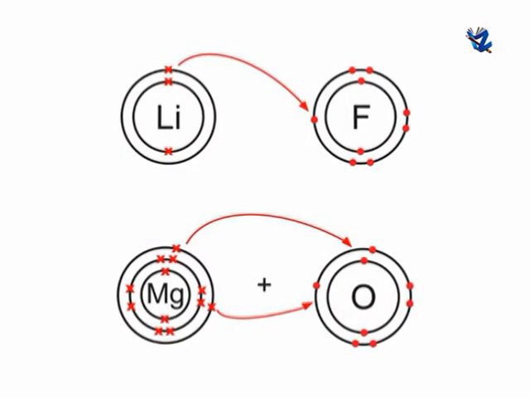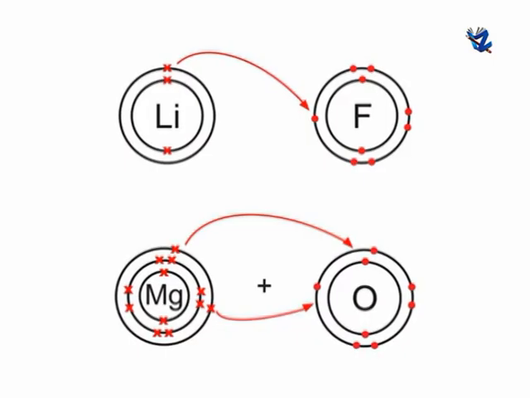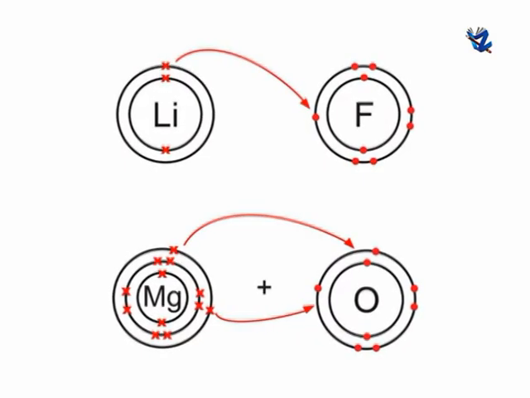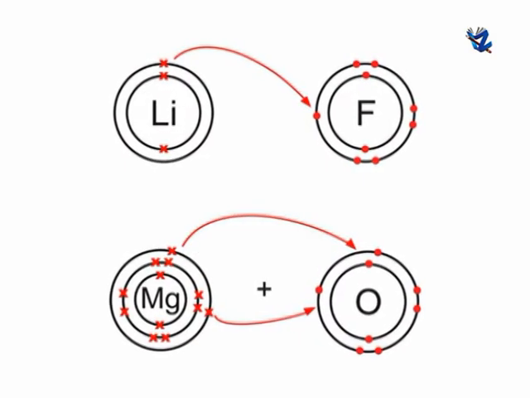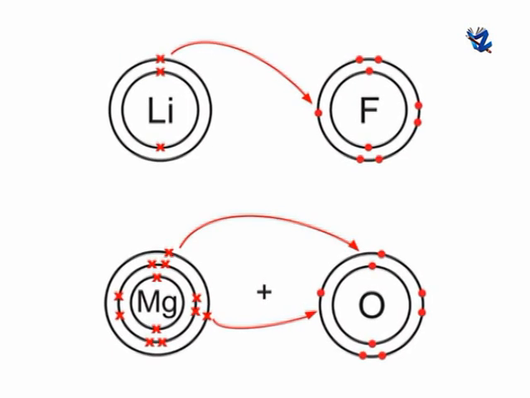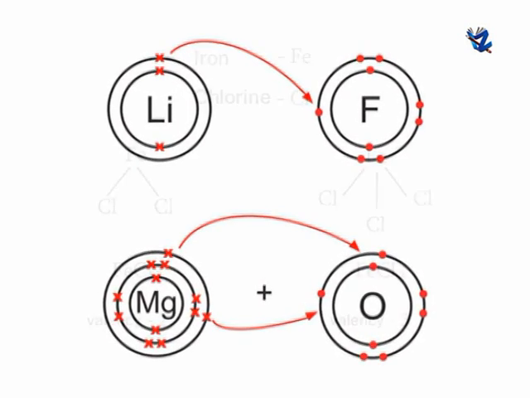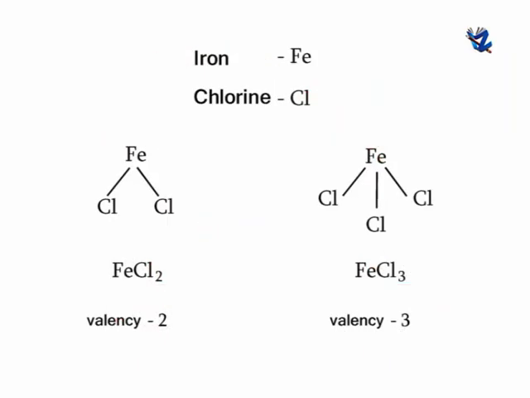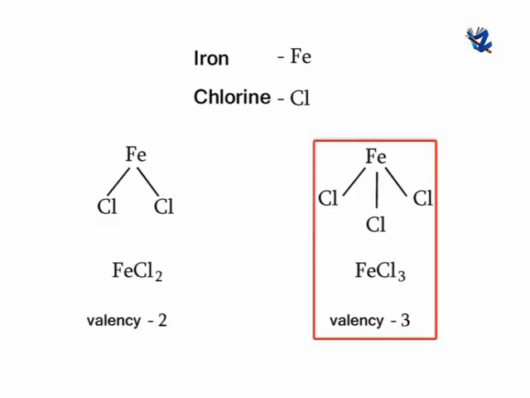Under different conditions, the atoms of some elements give away or take up different numbers of electrons. In such cases, those elements exhibit more than one valency, and this property is called variable valency. For example, iron, Fe, exhibits the variable valencies 2 and 3, and therefore iron forms two compounds with chlorine, FeCl2, that is ferrous chloride, and FeCl3, that is ferric chloride.